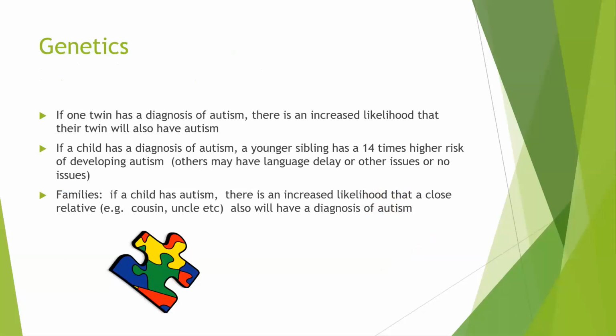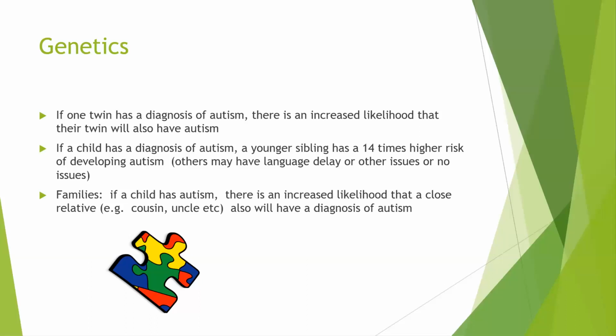Now, genetics play a very, very big role in terms of the etiology of autism. Studies have actually shown that if one twin has a diagnosis of autism, there is an increased likelihood that their twin will also have autism. Now, if a child has a diagnosis of autism, a younger sibling has as much as 14 times the risk of developing autism.